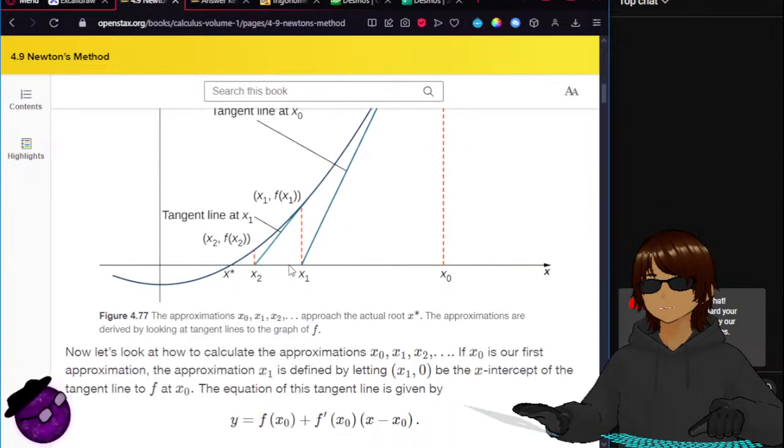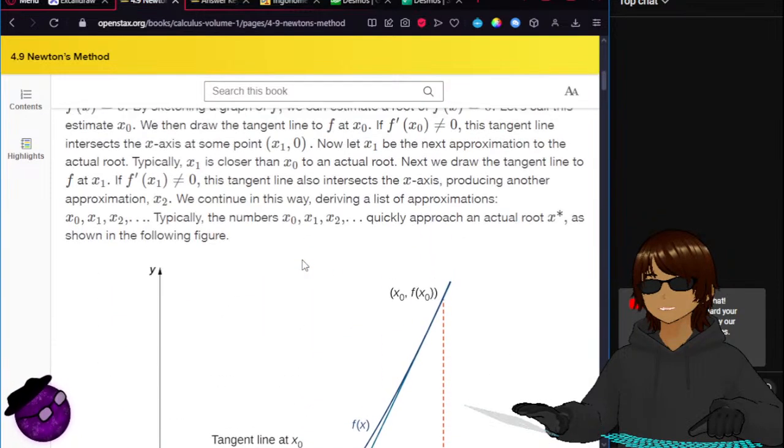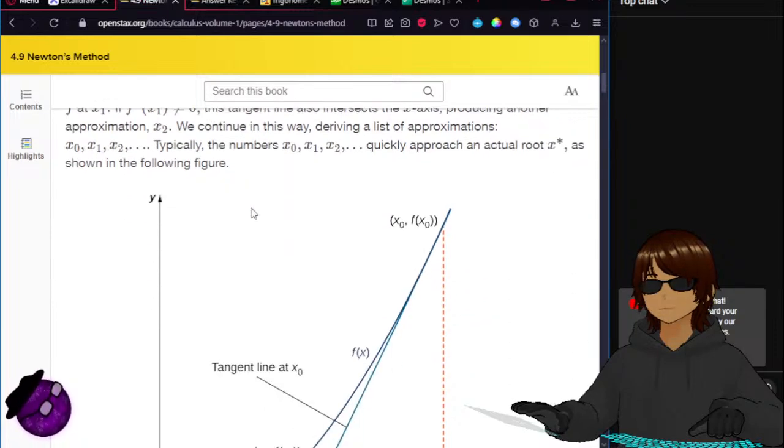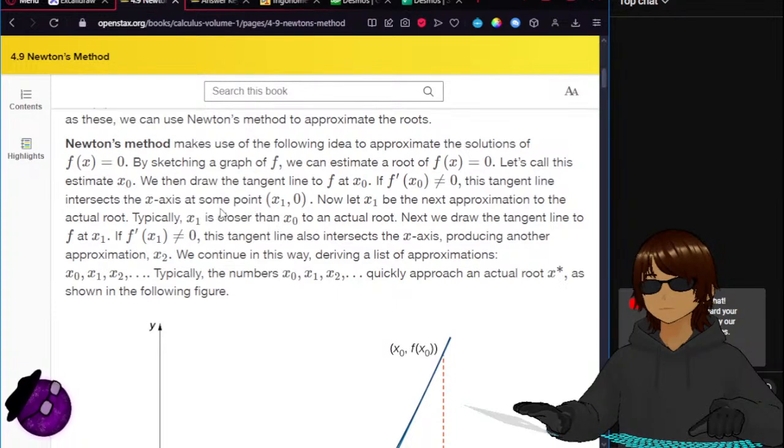That tangent line touches the x-axis at x1. Typically, x1 is closer than x0 to an actual root.